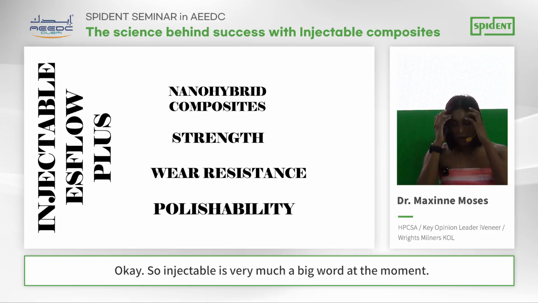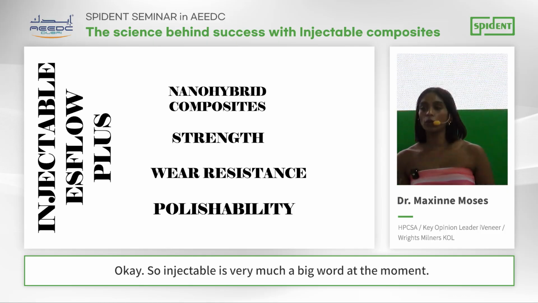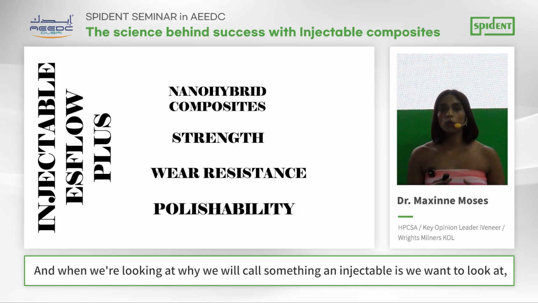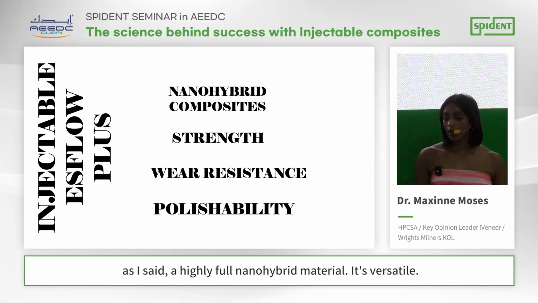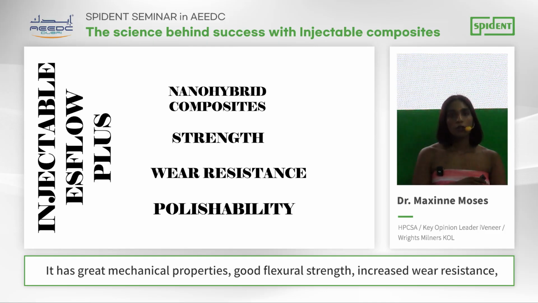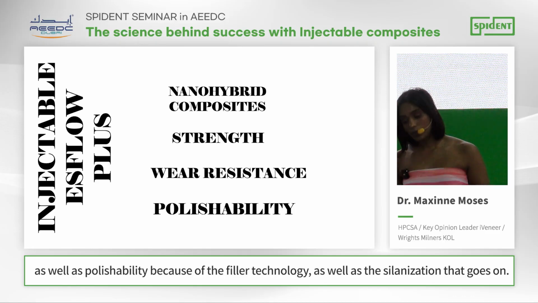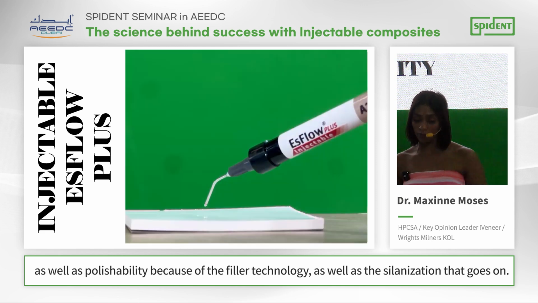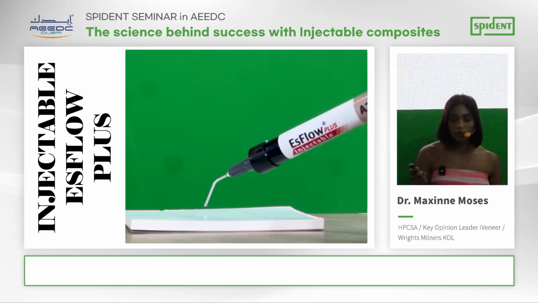Injectable is very much a big word at the moment, and when we call something an injectable, we want to look at, as I said, a highly filled nanohybrid material. It's versatile. It has great mechanical properties, good flexural strength, increased wear resistance, as well as polishability, because of the filler technology as well as the silanization that goes on.